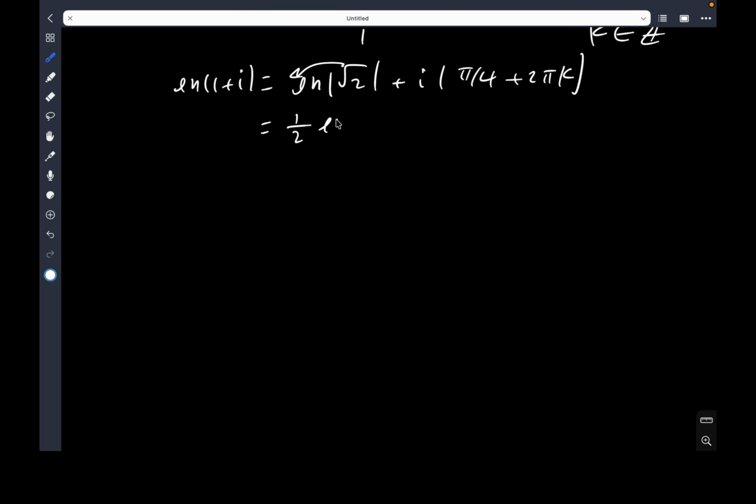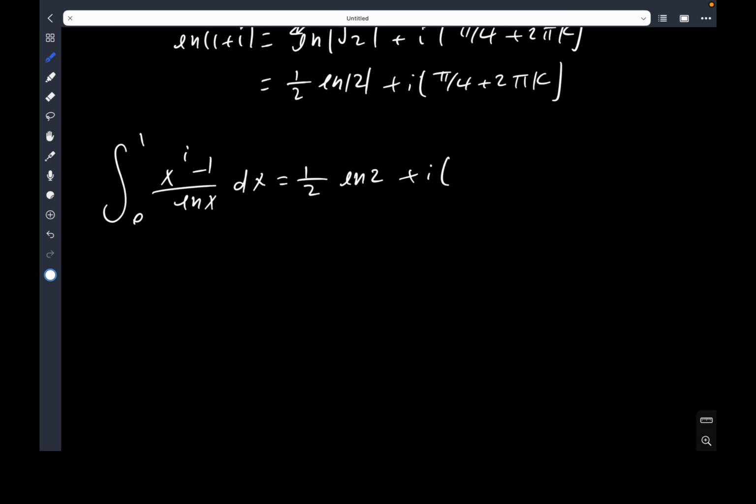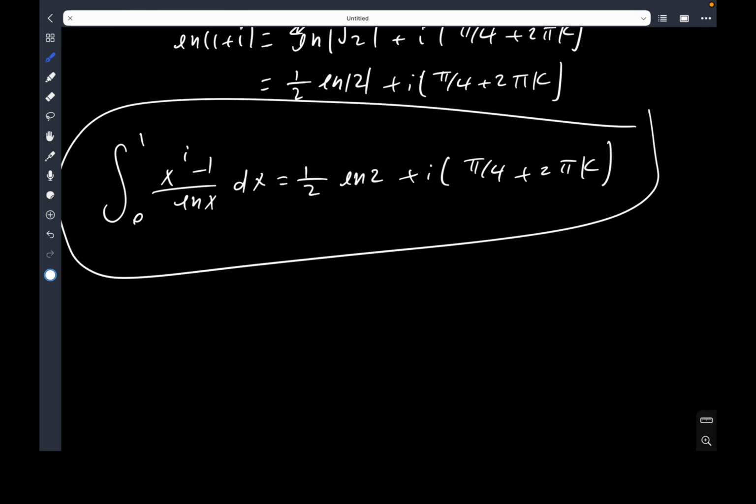I'm going to say half ln 2 plus i times (pi over 4 plus 2 pi k). And thus I can write my integral of (x^i minus 1) over ln x dx as half ln 2 plus i times (pi over 4 plus 2 pi k). And that is the answer of my integral here.